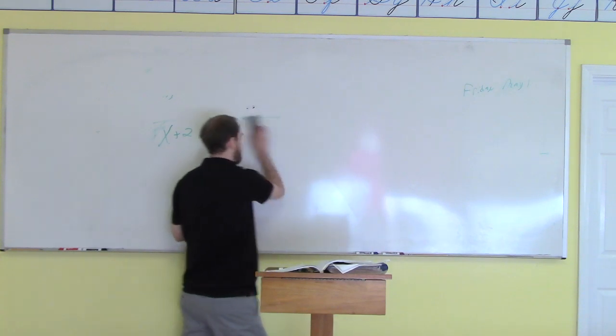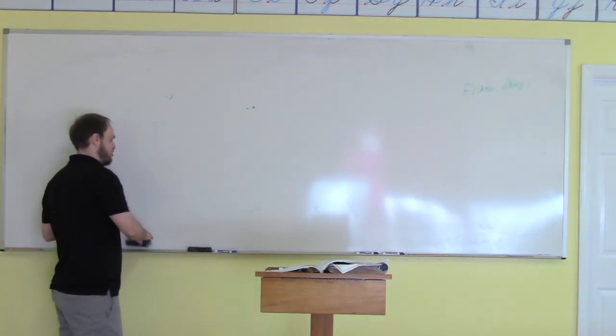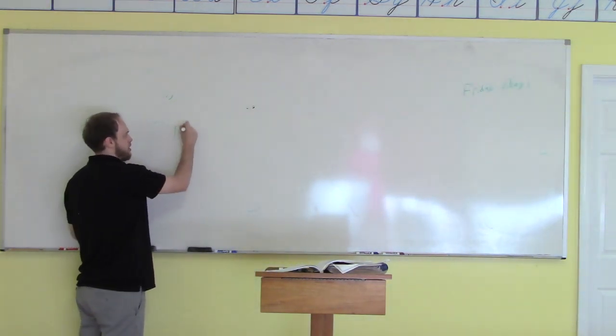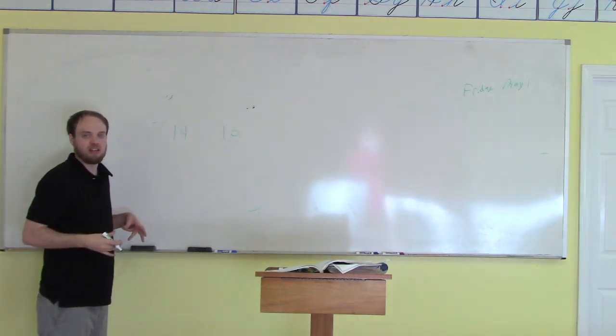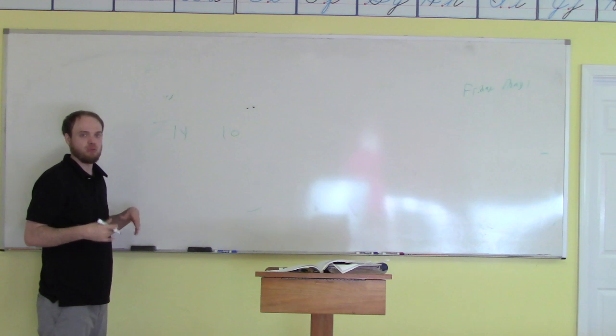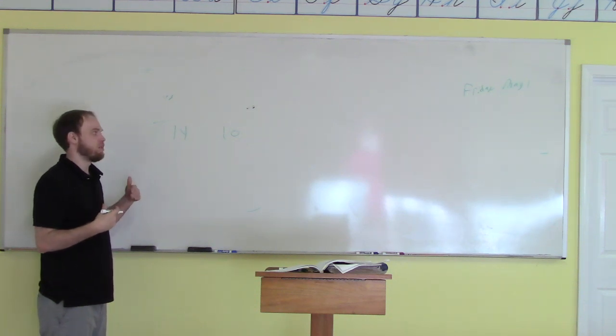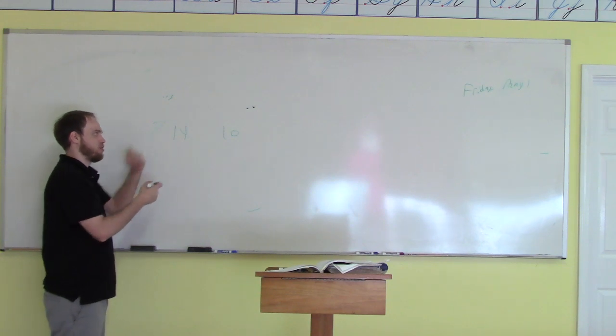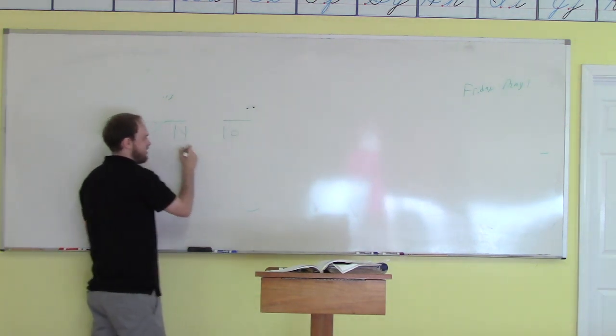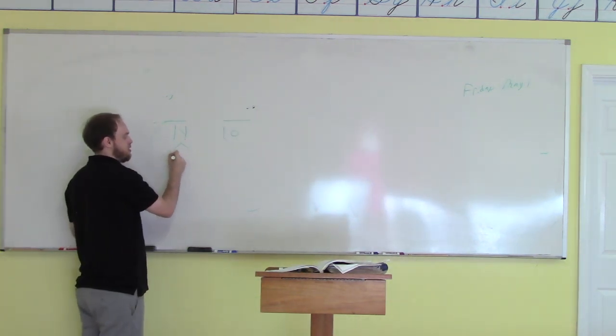For the numbers, again, remember you just do the prime factorization if it's just a plain number. Like if your denominators were 14 and 10, you would do the prime factorization and then see what they had in common, which one had the most, and then take that number out like we talked about. I'll just do it real quick. The prime factorization of 14 would be 2 and 7.